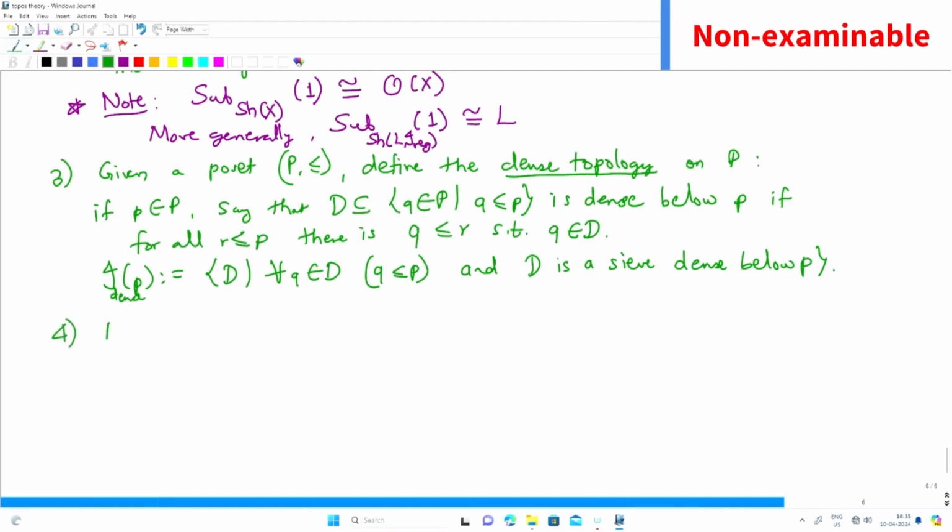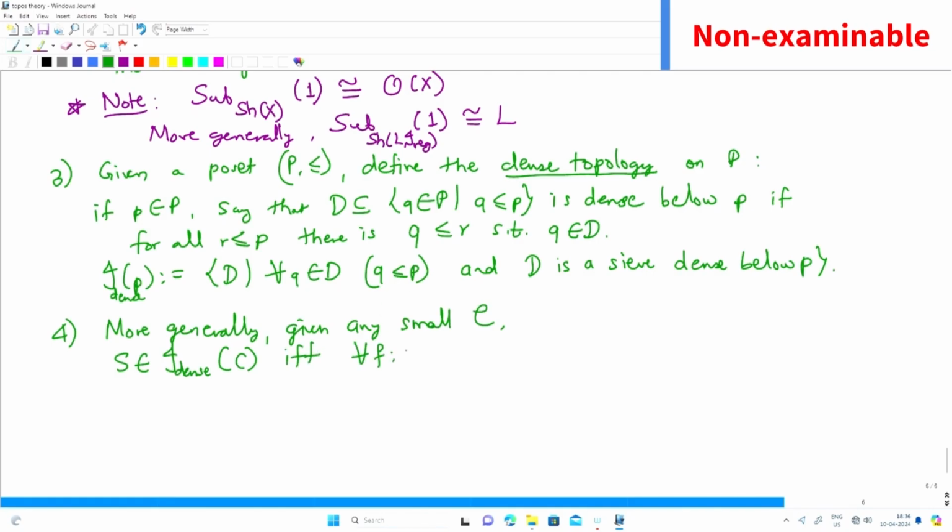More generally, the story doesn't end here. Given any small category C, say that a sieve S belongs to J dense of C, where C is an object, if and only if for all f from D to C, there exists some g from E to D such that f composed with g is in S. So this is the definition.